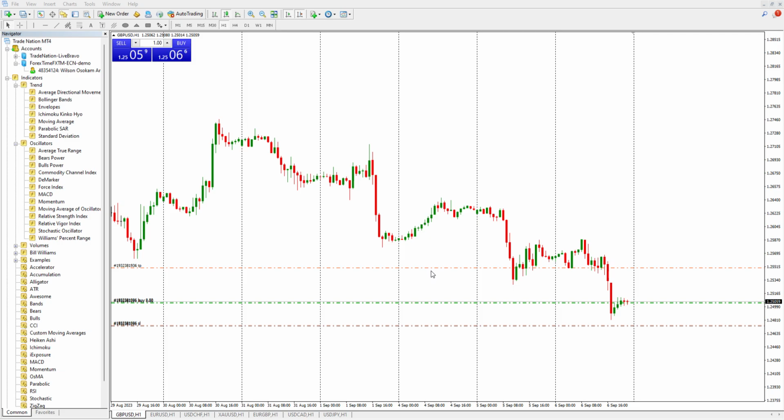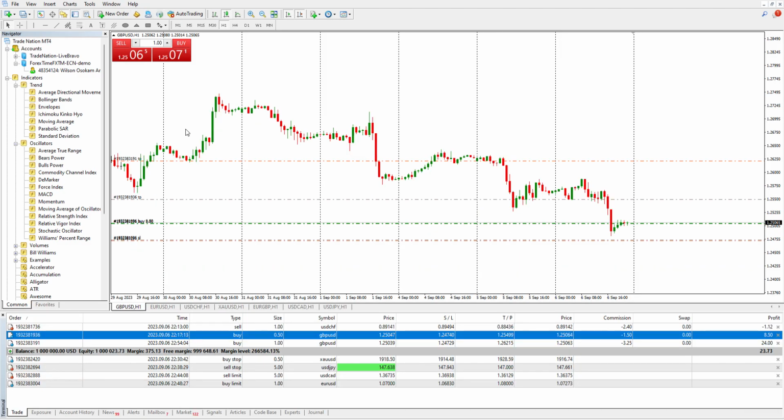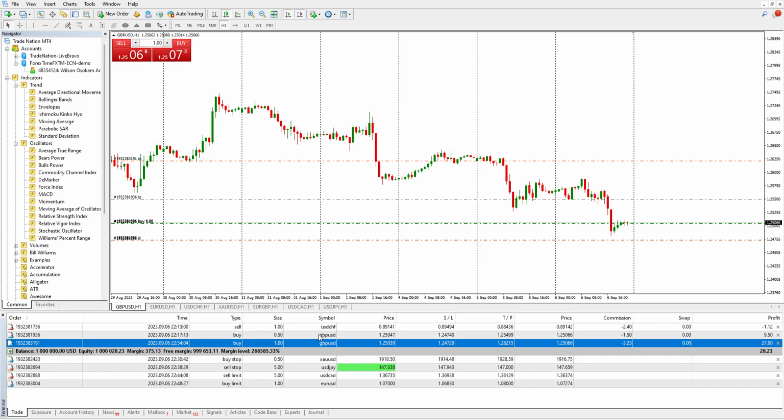In this case, I already have two trades, two positions on one trade, but with two different take profits. Are we getting it now? Two different take profits. As you can see, I think one of our GBP USD trades is in good profit, $28. So let me practicalize the first one.